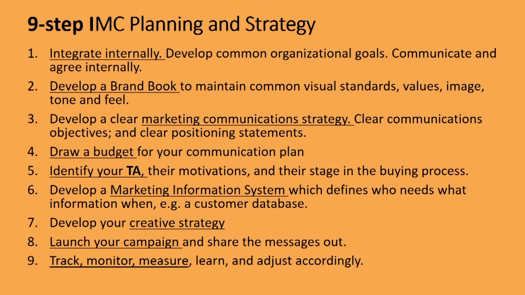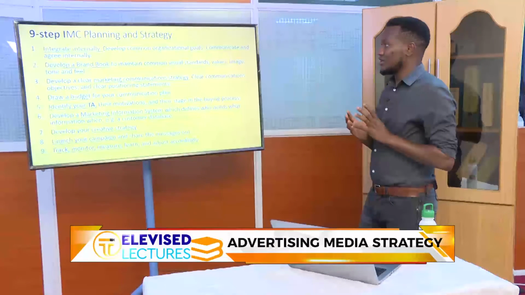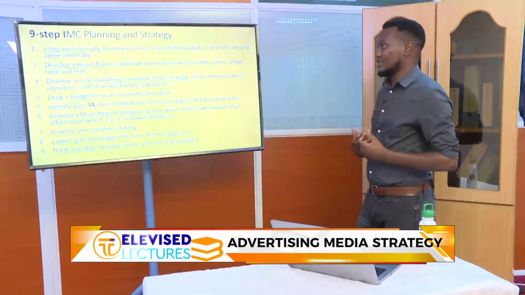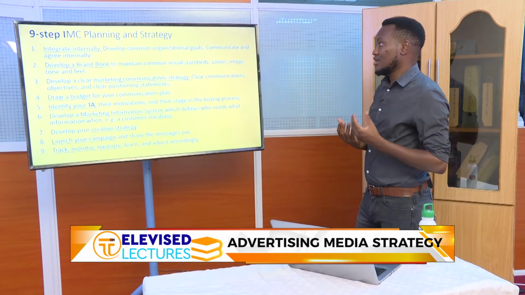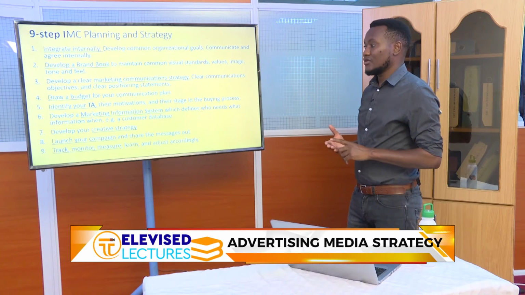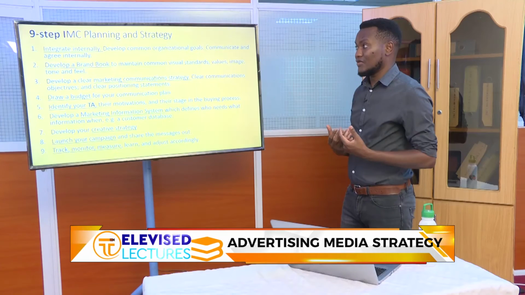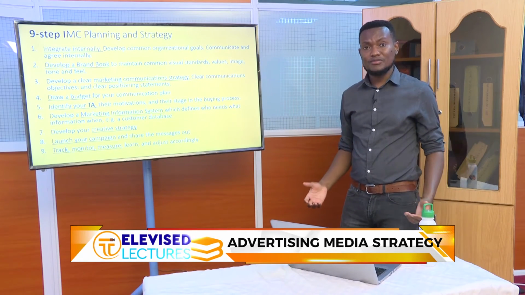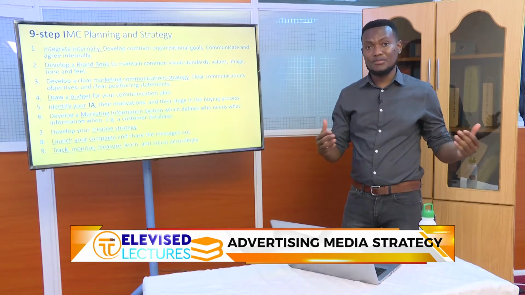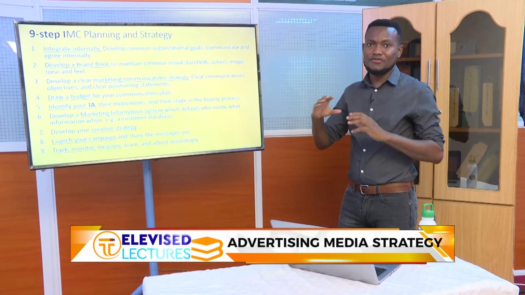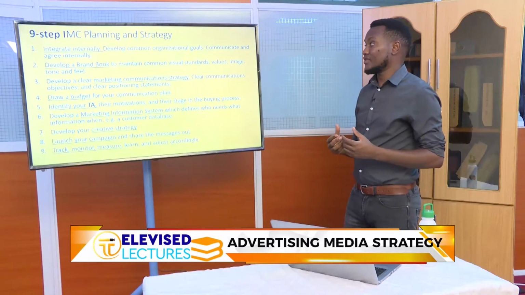Then after that, you develop a brand book, and a brand book helps to maintain common standards, whether these standards are of visual, values, images, tone, and feel. If you think about a car, irrespective of where that particular car is being used, as long as it is a BMW vehicle, there are common standards that are applied.